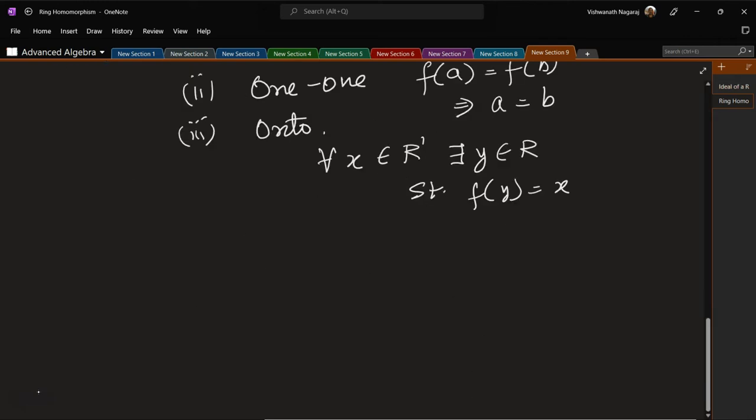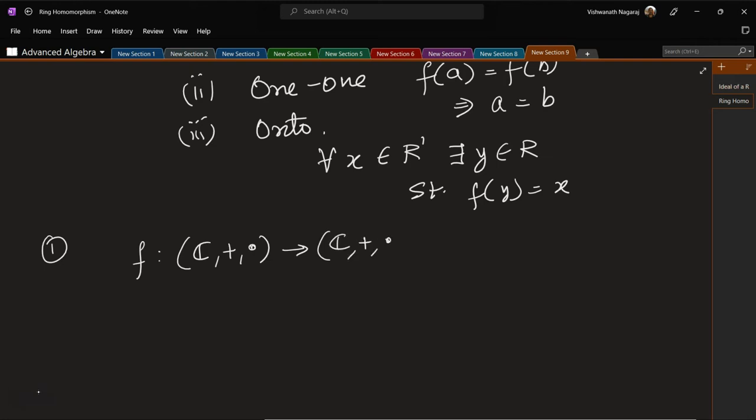Now let's look at two examples with respect to homomorphisms. So let us say we have a function which maps the ring of complex numbers with your normal addition and multiplication to a ring of complex numbers again with normal addition and multiplication.